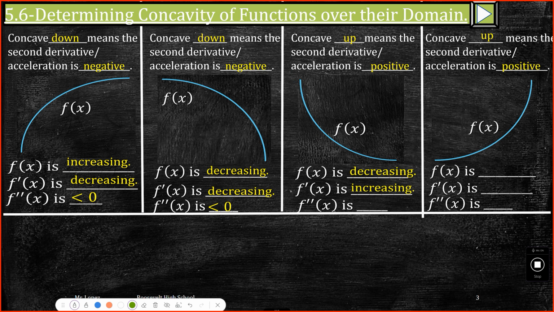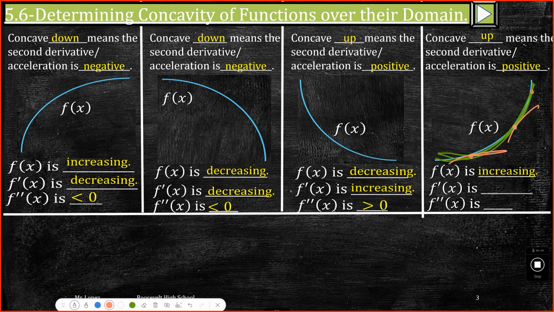And f double prime of x is positive, or greater than 0. In this other situation, f of x is increasing, no? What are the tangents at each point doing?